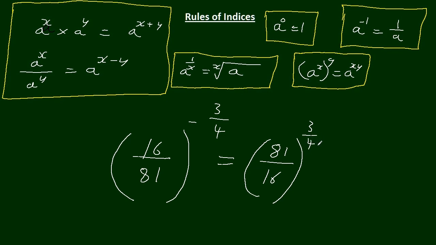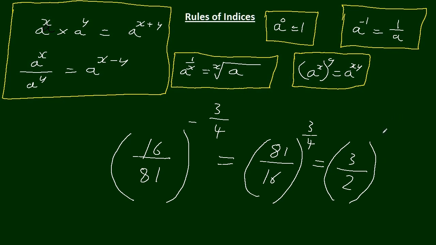Okay, which number times itself 4 times makes 16? Well, it's 2 times 2, which is 4, times 2, 8, times 2 again, 16. So that number on the bottom there is a 2. And on the top it's a 3, because 3 times 3 is 9, times 3 again is 27, times 3 again is 81.